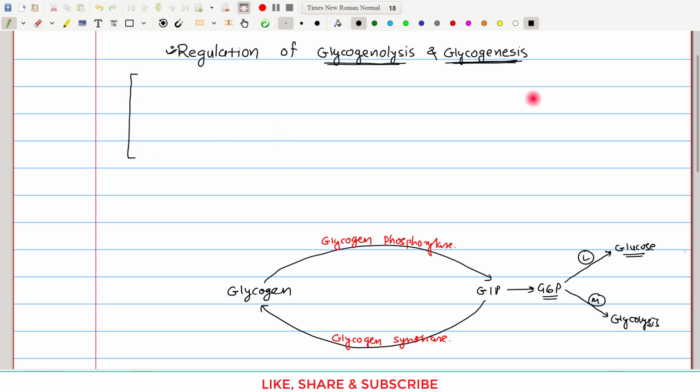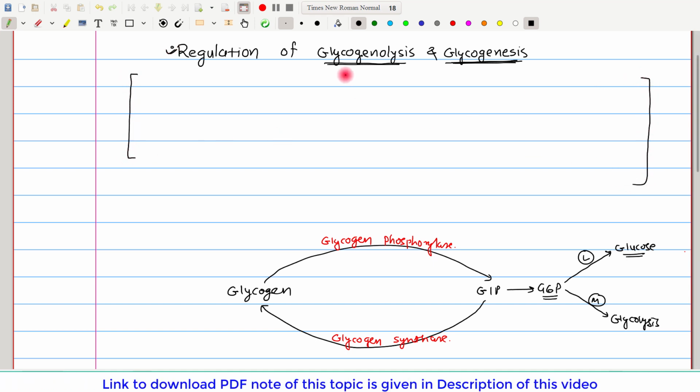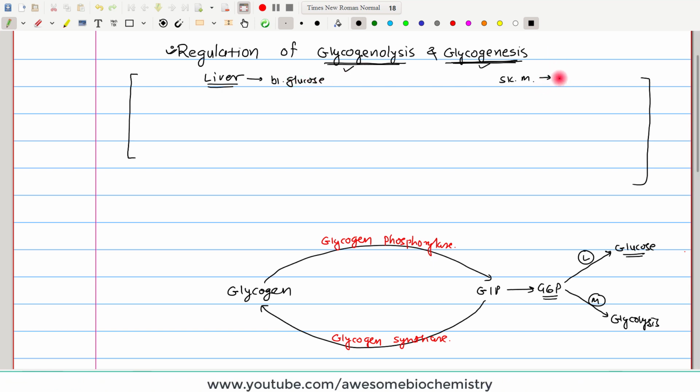Both processes, glycogenolysis and glycogenesis, occur in all tissues. However, maximally they occur in the liver and skeletal muscle. In the liver, the main role of glycogen metabolism is to maintain blood glucose level, whereas in the skeletal muscle, its main role is the provision of energy for the contraction of skeletal muscle.